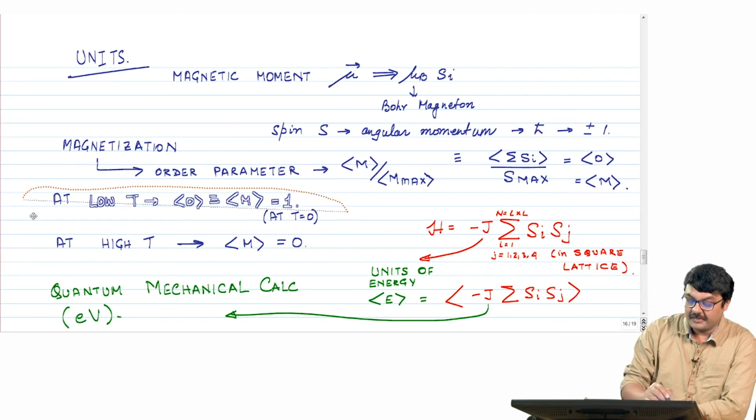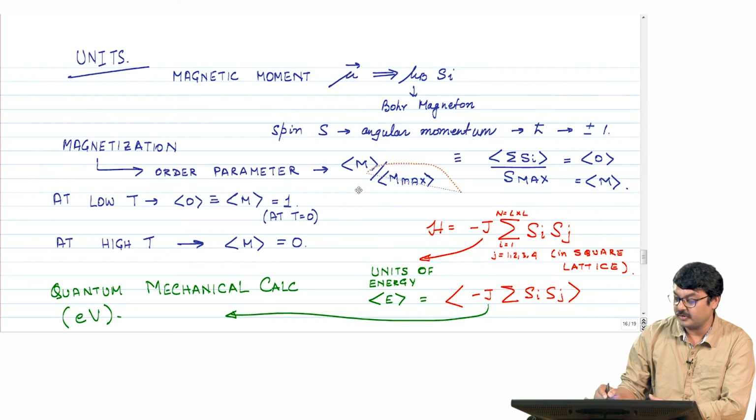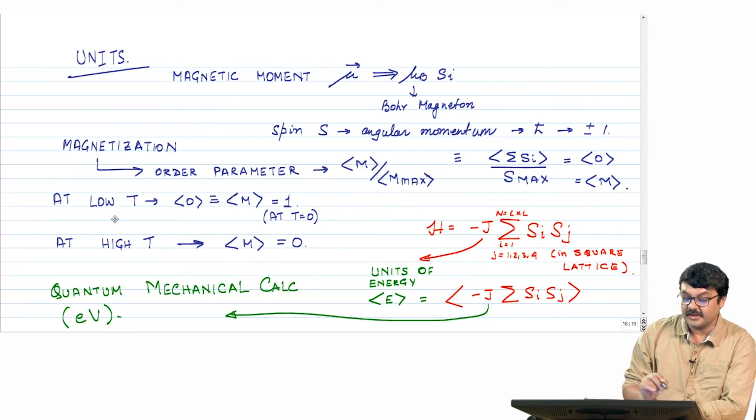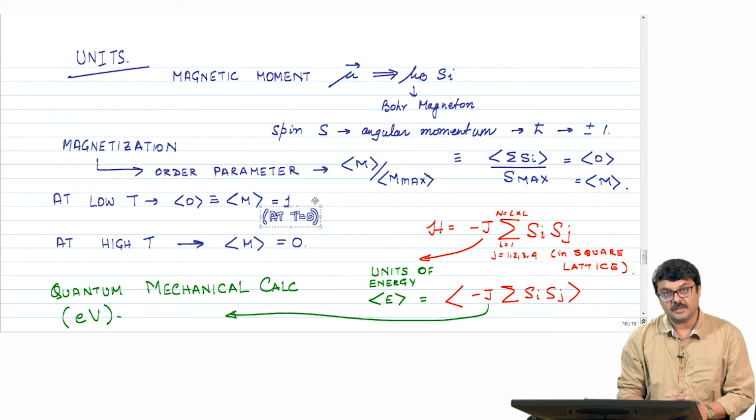Talking about order parameter, you already know that the maximum value of the order parameter, we have defined it in such a manner by suitably normalizing it, that at low temperatures the order parameter is nearly equal to 1 or close to 1, and at exactly T equal to 0 it should be 1, which means the system is perfectly ordered. There is no thermal fluctuations.